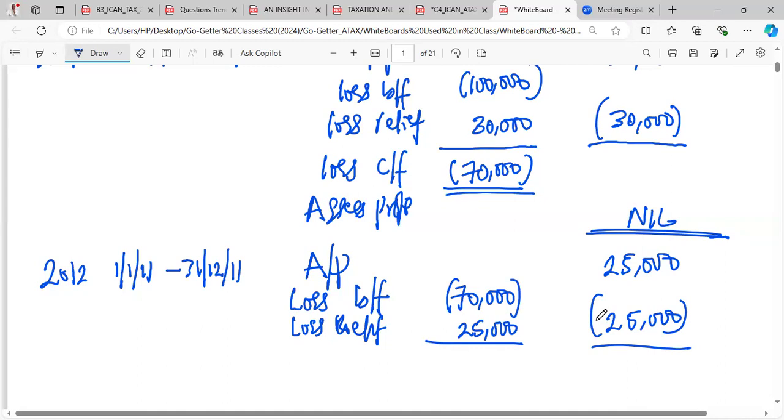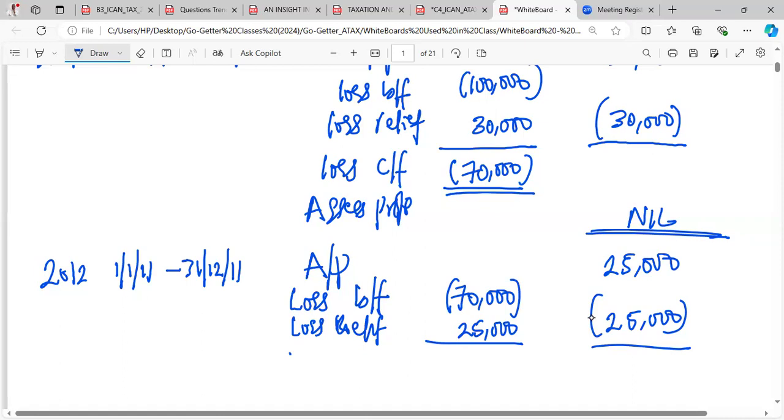But if you look at loss, it is because we have written the loss as a negative figure. That is why it is like this. If our loss was written as a positive figure, we would have done it the same way with capital allowance. But I wouldn't want to do that, because it might cause confusion, some people will think, why is it a loss when it is a positive? So we'll do it this way.